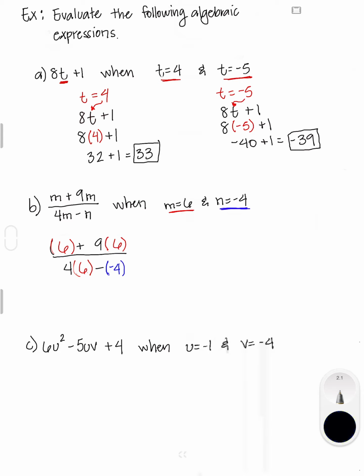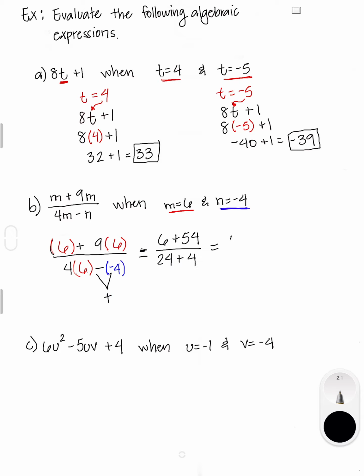Now if you notice, we have a fraction right here. So first I'm going to simplify the numerator and the denominator, and then either divide whatever answers I get or reduce the fraction. Here we have 6 plus 54, since 9 times 6 is 54, over 4 times 6 is 24. Now remember that negative and negative makes a positive, so we will have 24 plus 4.